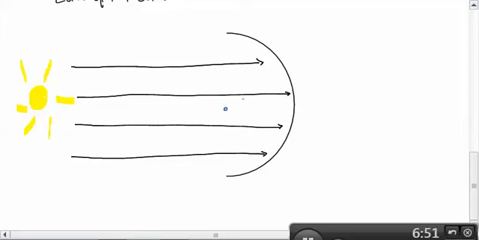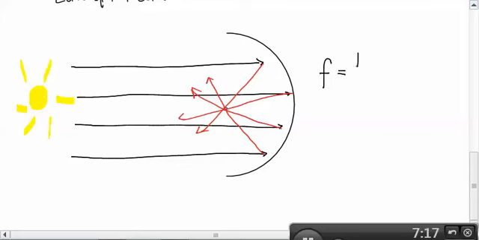So there's a point, and that ray, the incident ray, will bounce off and go through the focal point. And it turns out, how cool is this, that focal point, even though my picture is not very pretty, is mathematically located at half of the radius.